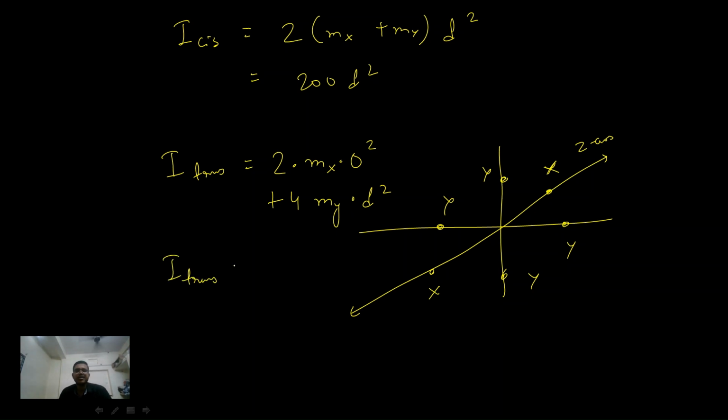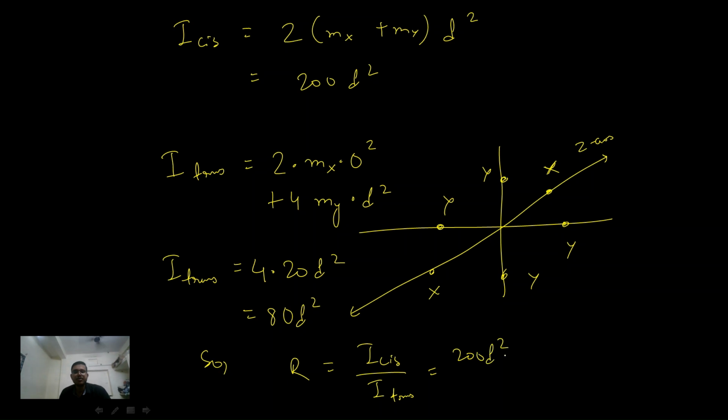I of trans is equal to 4 times 20 times d squared, which means 80 d squared. So R is the ratio of the moment of inertia of cis by the moment of inertia of trans, that is 200 d squared by 80 d squared. So this is going to be 2.5.